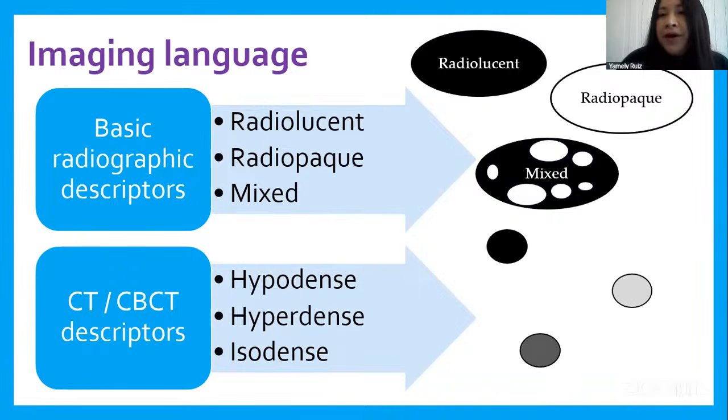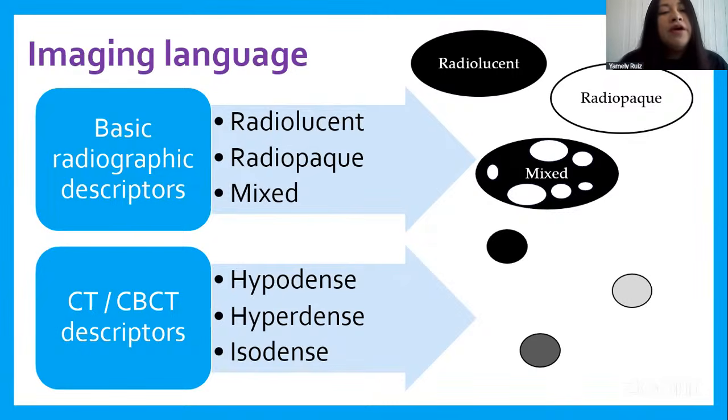The term radiopaque means that the tissue or the lesion that we find is white or clearer than the other tissues. And when we use the term mixed, it's when we find lesions or entities that have a combination of these two images, radiolucent with radiopaque.